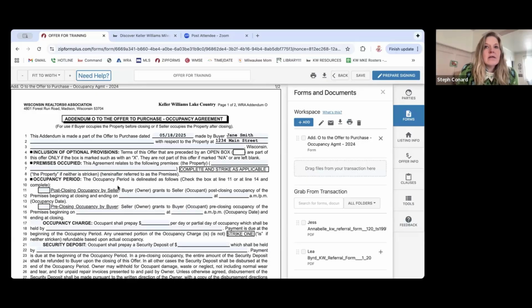Sometimes a situation could be where a seller has not even identified where they're going to be moving next. So I've seen post-close occupancy agreements for months at a time. So it really can run the gamut of what kind of situation it could be.